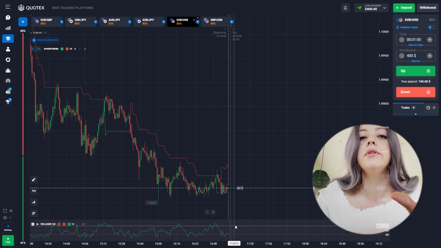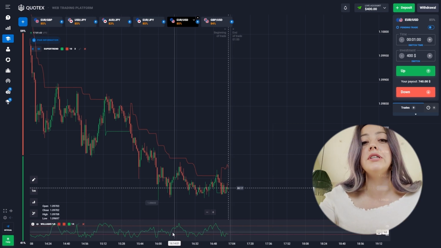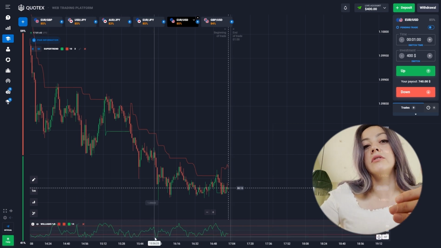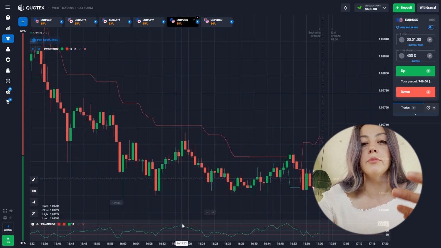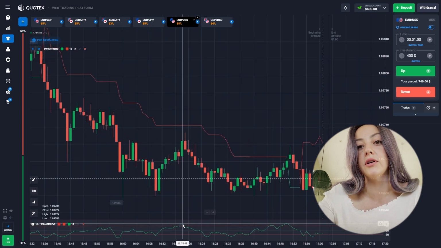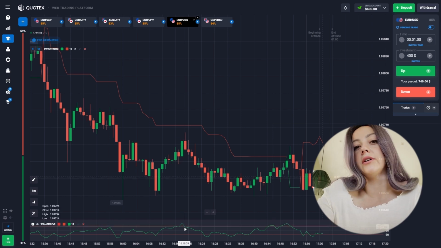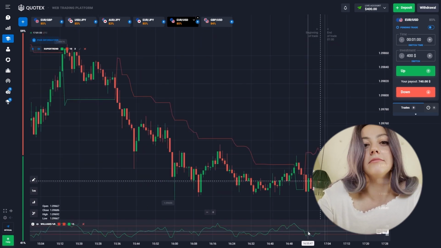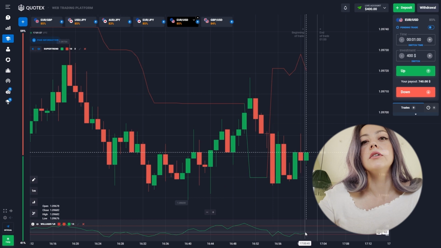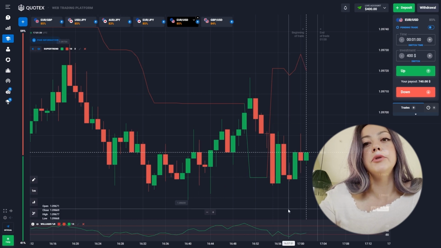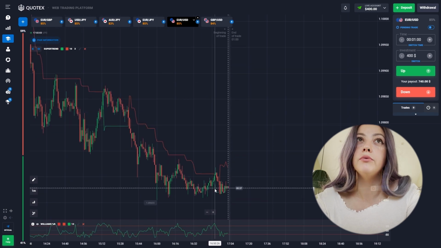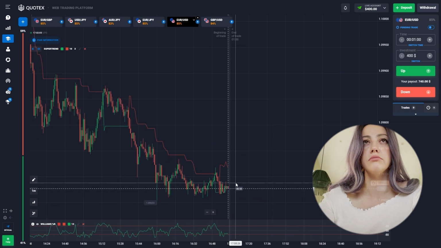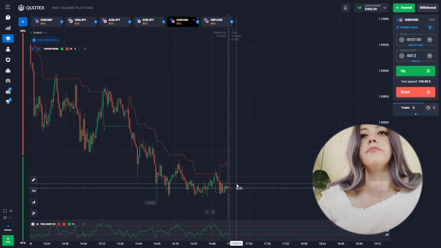When we are between, there is consolidation, and when we get over this zone, you want to enter uptrending positions, and when it gets down, you can enter the downtrend and so on. So there is a line which shows where you would like to enter, right? So yeah, I think that's it.